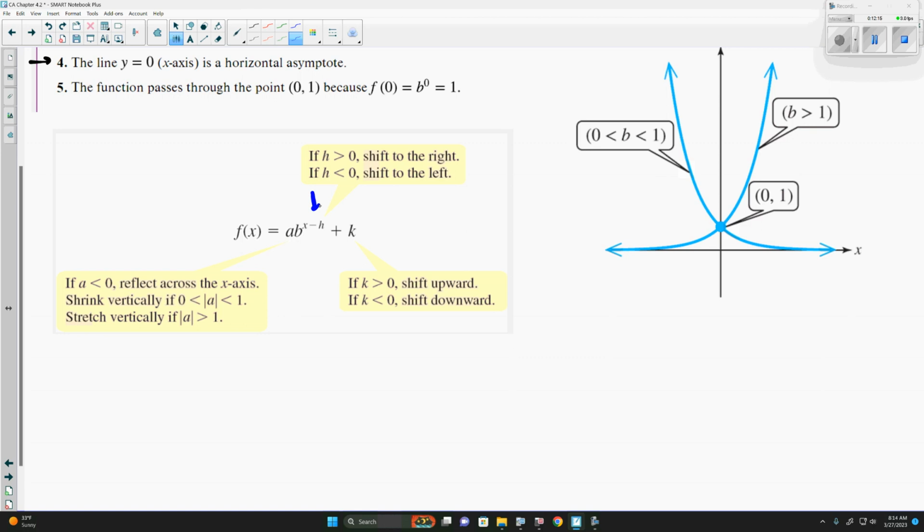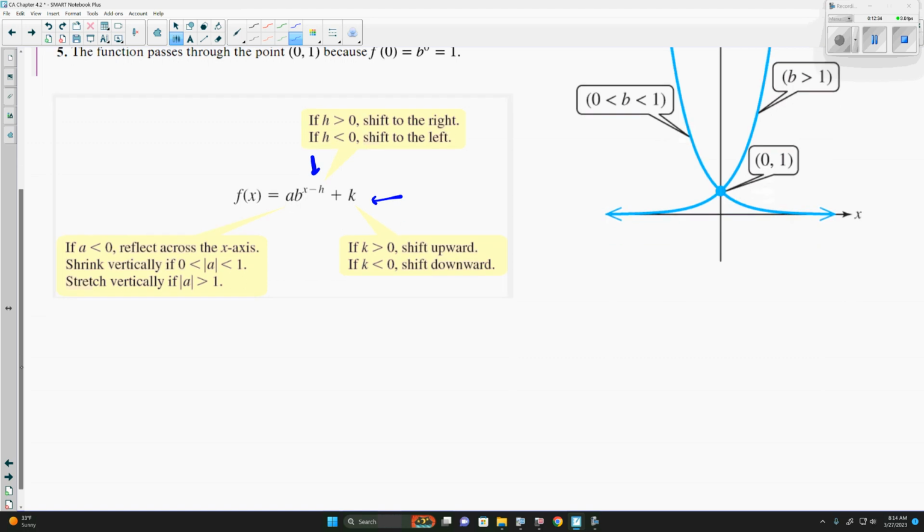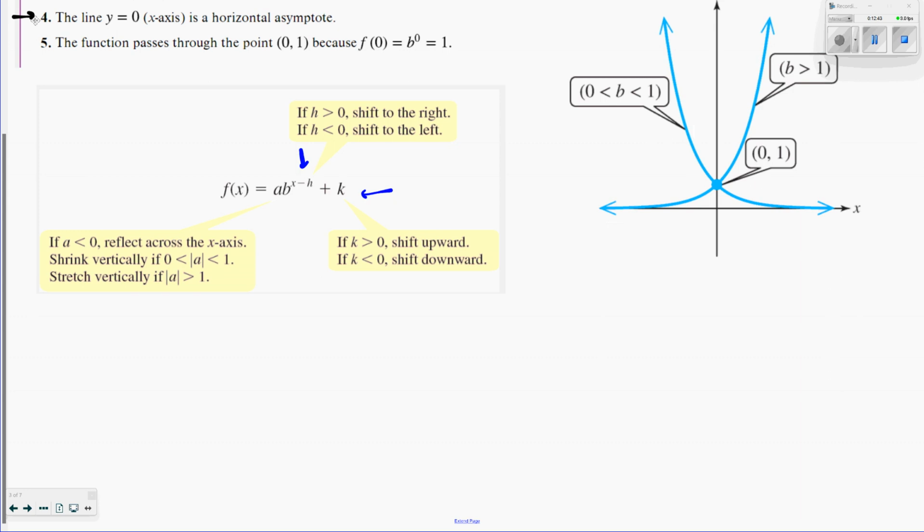If we add or subtract something on the outside, it's moving the function up or down. And that will also shift our horizontal asymptote. So if we have plus 3 on the function, it's going to move the horizontal asymptote up 3. Or minus 3 will move it down 3. And then a is a reflection across the x-axis, where we can have vertical or horizontal stretch too.